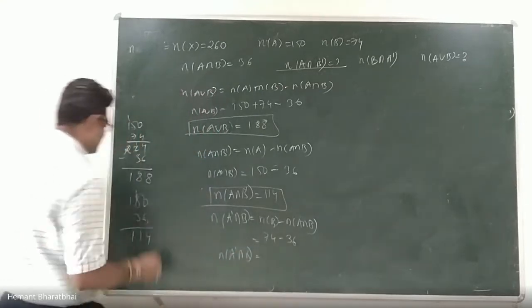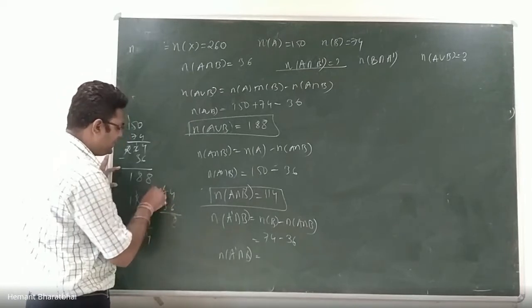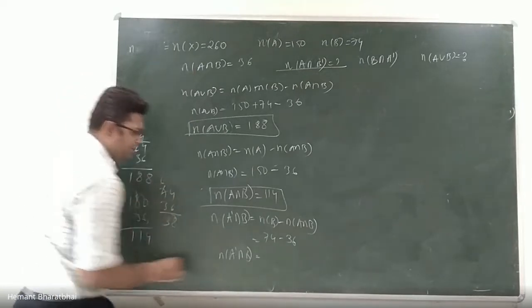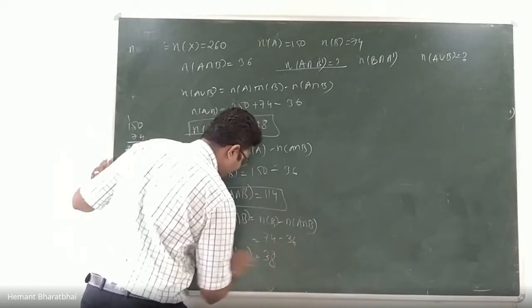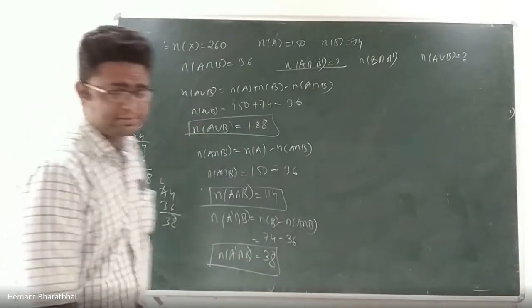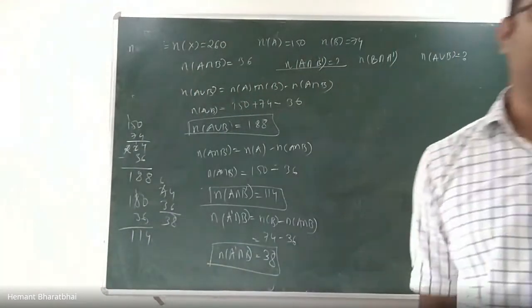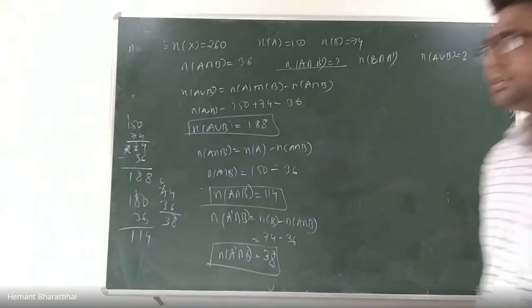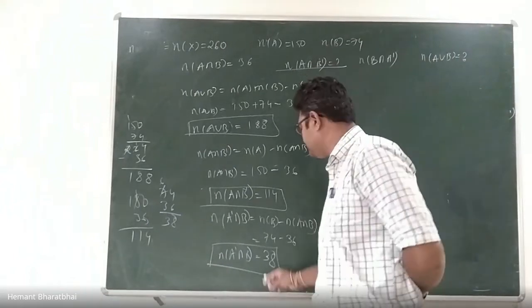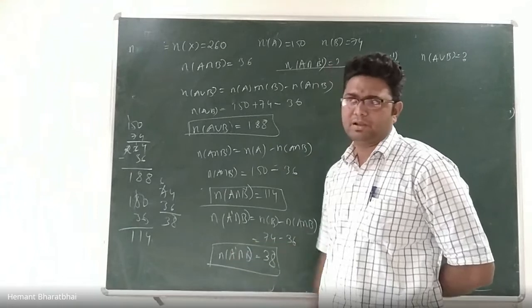That will be how much? 74 minus 36 is 38. So there are a total of 38 students who are exposed to chemical B only and not exposed to chemical A. They were not exposed to chemical A.